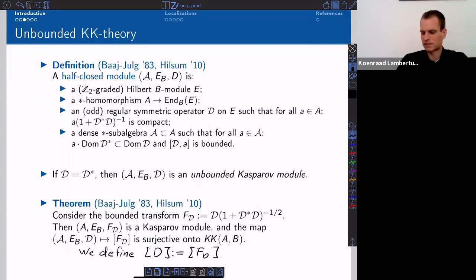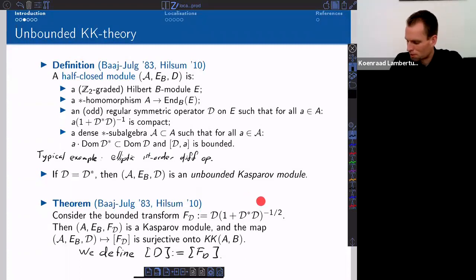So here, the typical example is not zeroth order pseudo-differential operators, but now the typical example will be a first order differential operator. So to be precise, an elliptic first order differential operator. So let's write down a very specific example. We can consider the smooth manifold given by the unit interval.